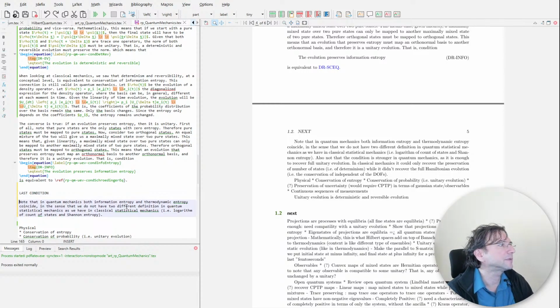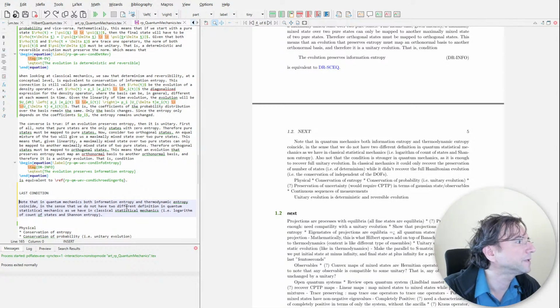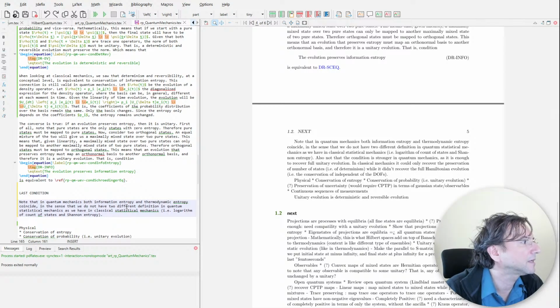Because I noted that in quantum mechanics, both information entropy and, for example, in the sense that we do not have two different definitions in quantum statistical mechanics, okay.